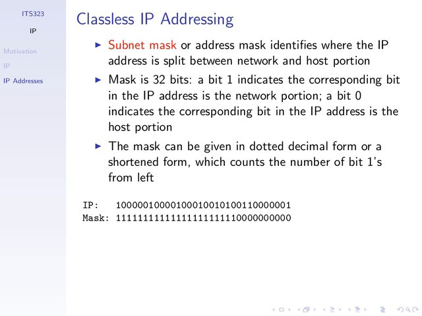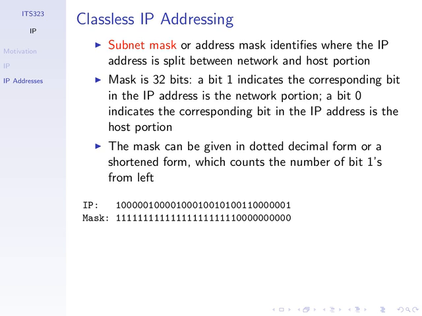Let's look at this case. Subnet A. First 10 bits represent the network. The last 22 bits represent the host within that network. So 10 bits for the network, 22 bits for the host portion.